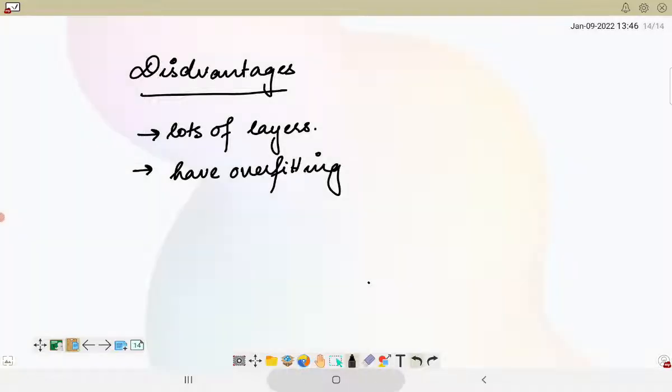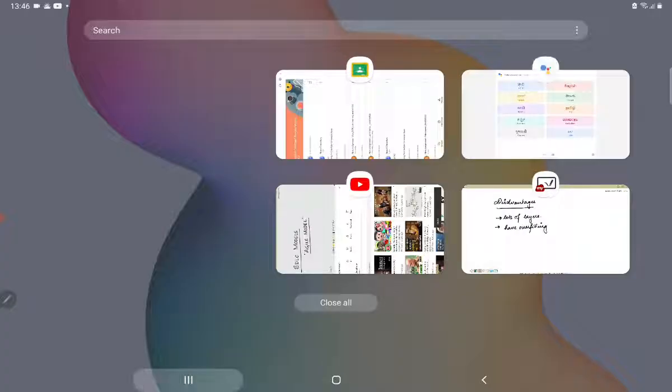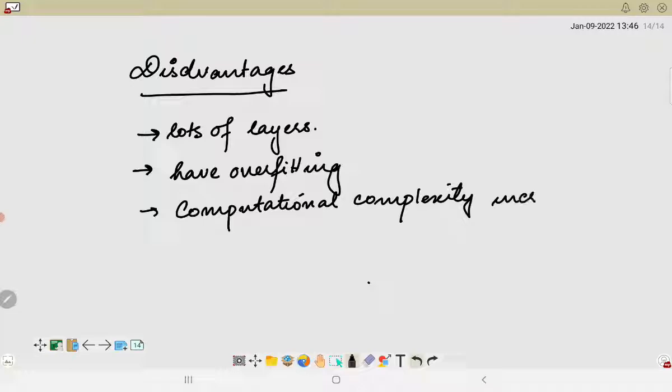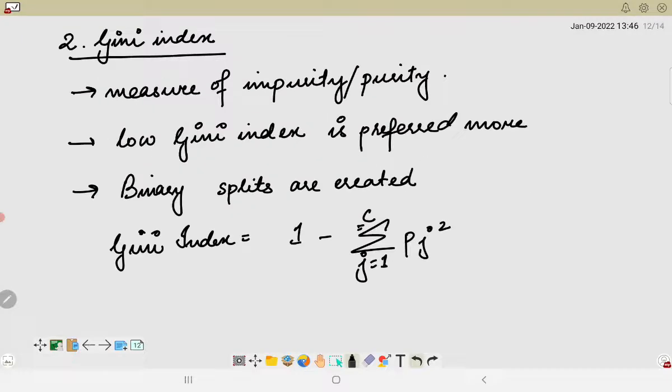Computational complexity also increases if there are multiple labels. So these are some of the disadvantages associated with this classification algorithm.